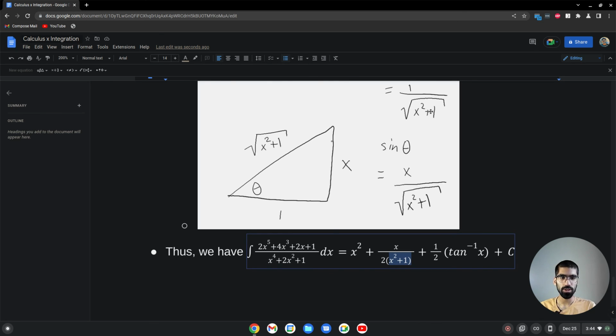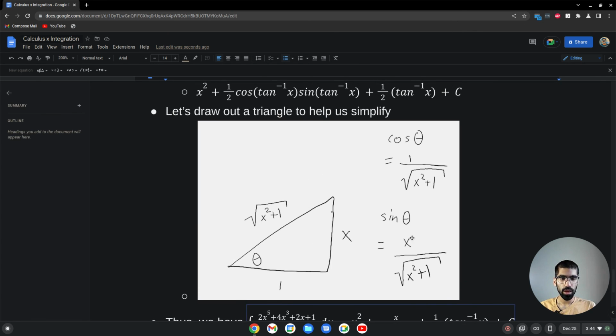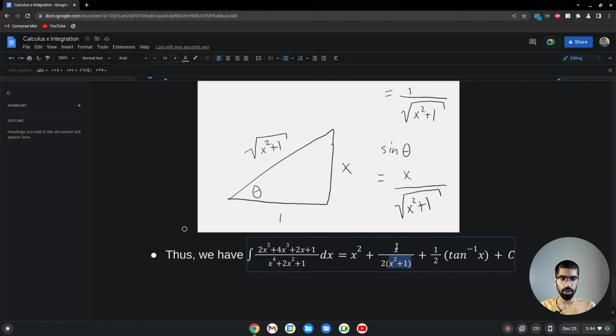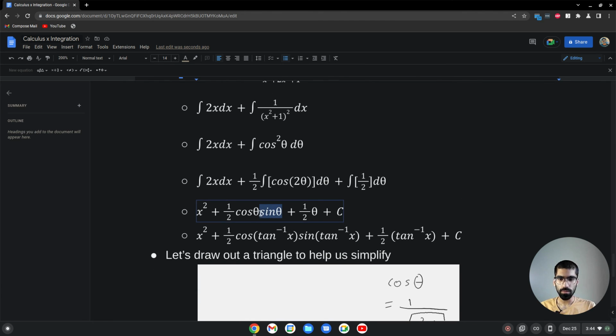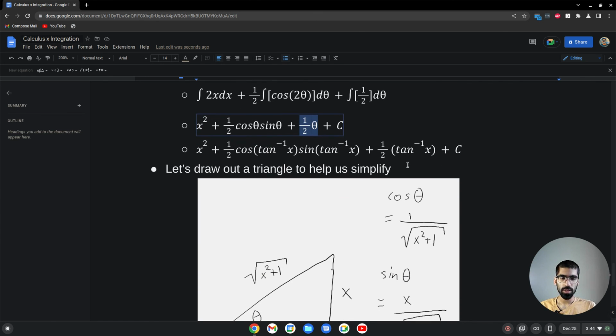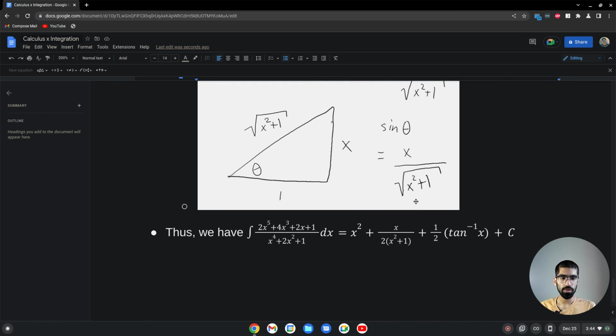The square roots cancel out. And we also have an x over here on the denominator from sin theta. Yeah? We have 1/2 theta, which I just left as arctan of x. And finally our constant c.